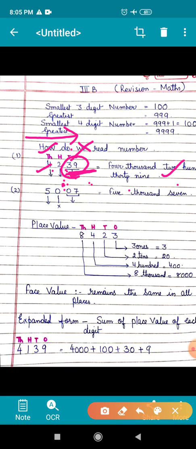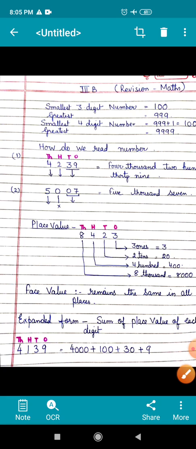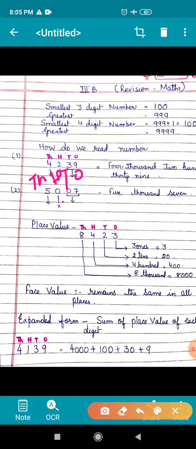Here you can see 7 is on ones place, 0 is on tens place, this 0 is on hundreds place, and this 5 is on thousands place, right? Now we will start reading from the left side.